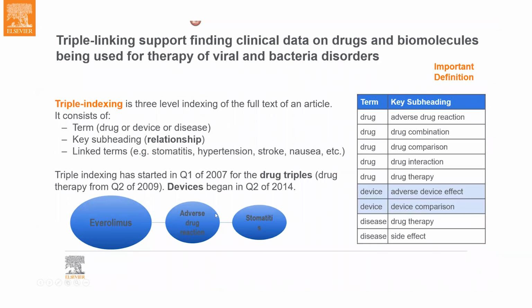One of the key subheadings is adverse drug reaction. So in a couple of clicks, you can get the list of adverse drug reactions mentioned in journals and conferences. This is the idea of key subheadings. It's not just some drug reactions discussed in the article where the name of the drug suddenly appears; they are manually excerpted from the article and connected to the drugs with which they are indexed.